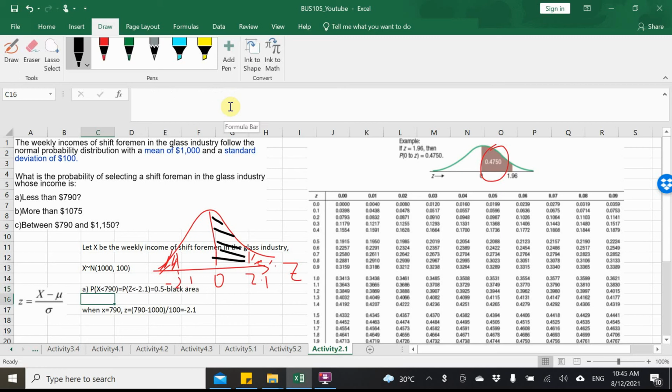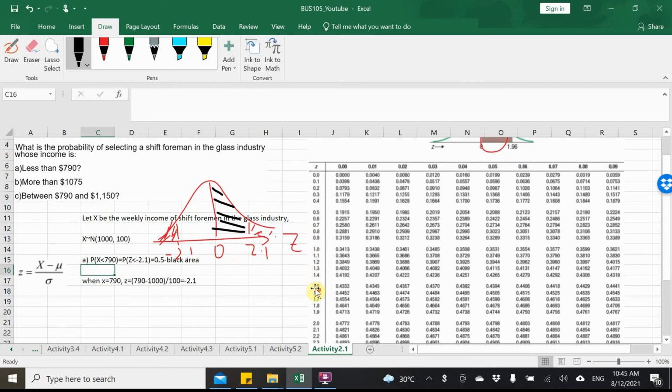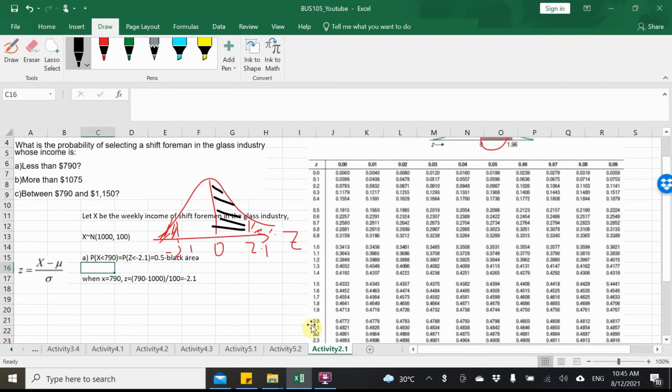So what is the black area? Then we can apply the table here. Looking at the table, we need to find the z-score 2.1. Looking at z equals 2.0, and 2.10, we identify the value 0.4821 from the table.